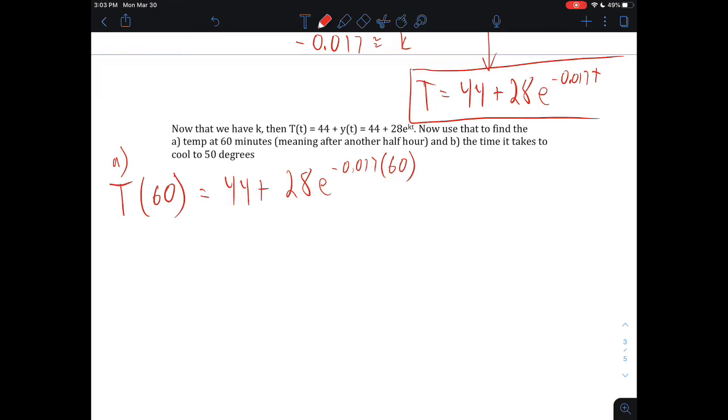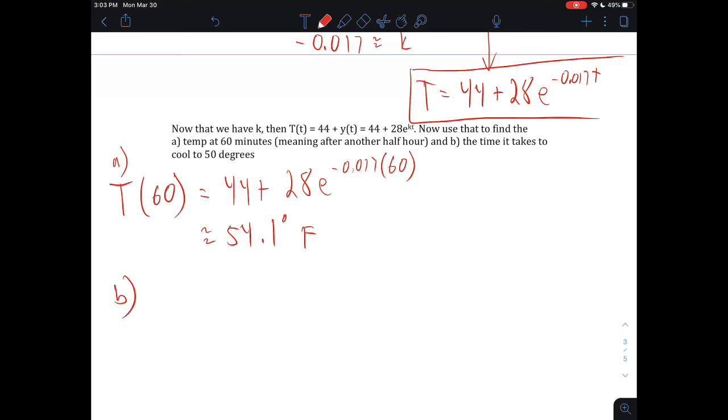So then we can plug all of that in: 44 plus 28 times e to the negative 0.017 times 60. And that would give us approximately 54.1 degrees.